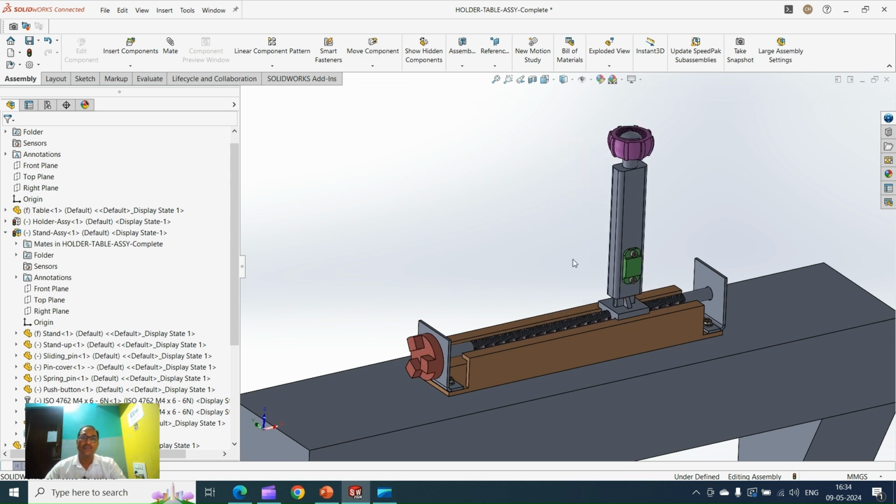Now, let us come to our main point of discussion, that is sequence design. Imagine that these L brackets were integrated along with this C channel frame. Then, do you think that it would have been possible to insert this nut kind of part inside this?